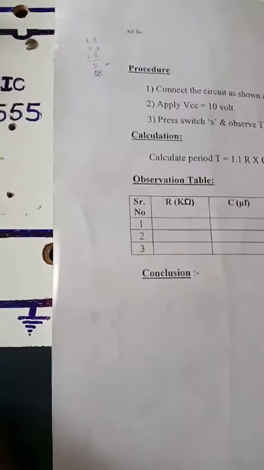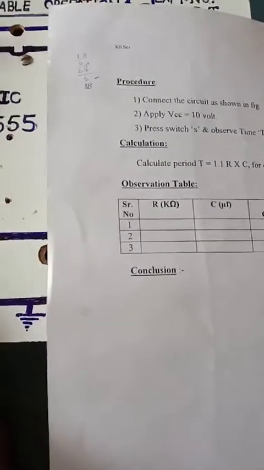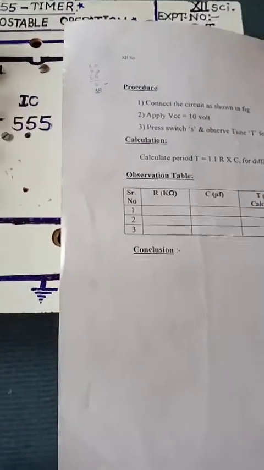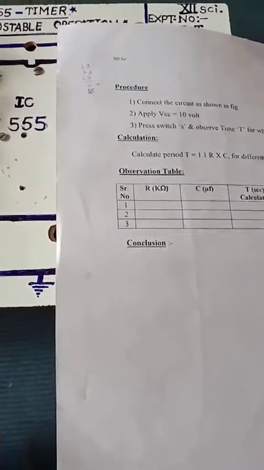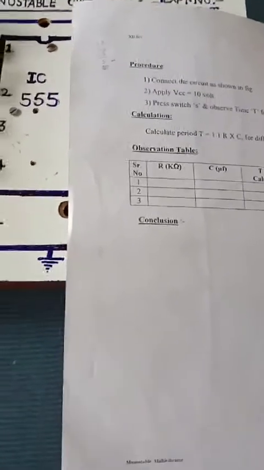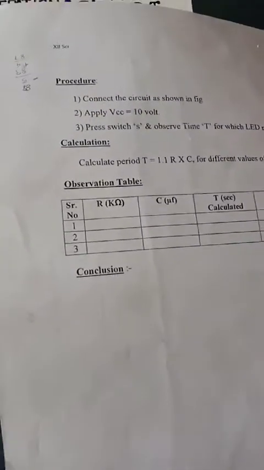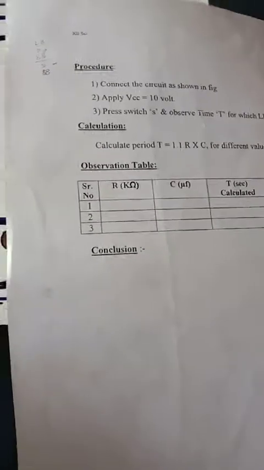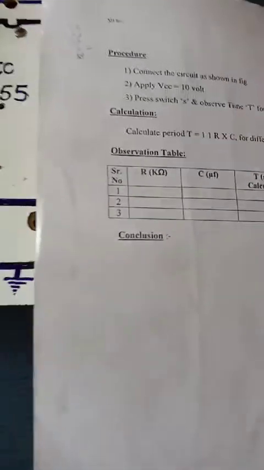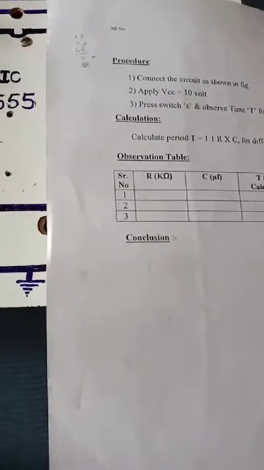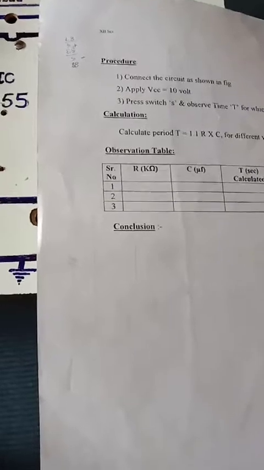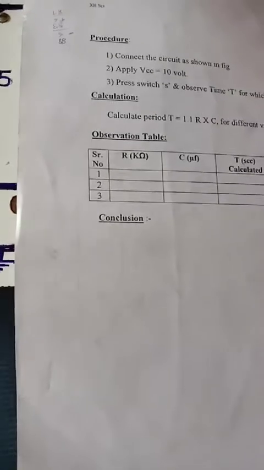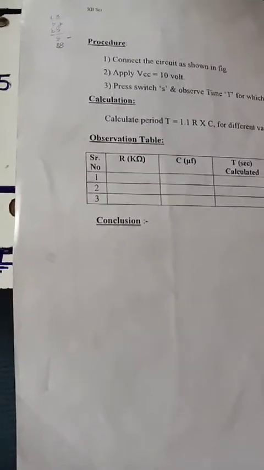When a trigger pulse is applied, the output of the lower comparator becomes high, because the lower comparator is an inverting type comparator. When the trigger pulse is applied, that is when pin number 2 is momentarily connected to ground using a push button switch, the trigger input becomes 0, and obviously it is less than 1/3 VCC, because the lower comparator has two inputs.